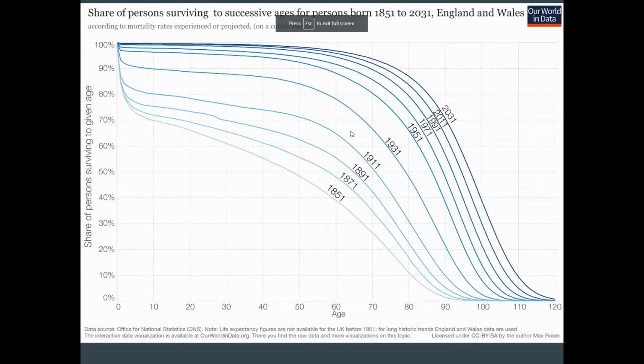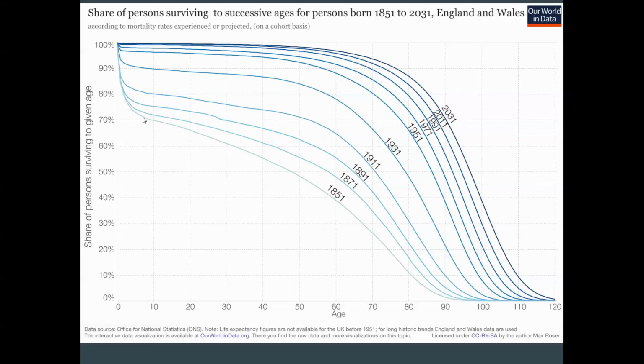All right. Now, in the same way, we can also see that when people died has changed. And one of the things I want to point out here, this is the share of persons surviving to successive ages. In other words, so when you're born, this is being born, and this is being 120, if you will.